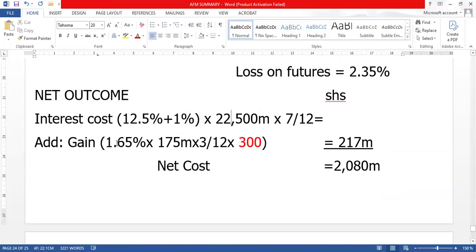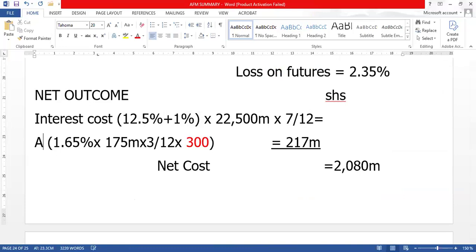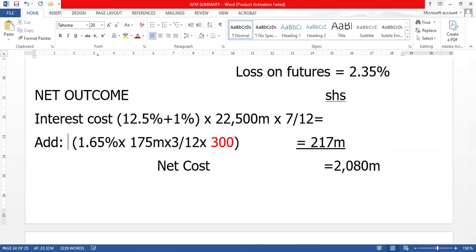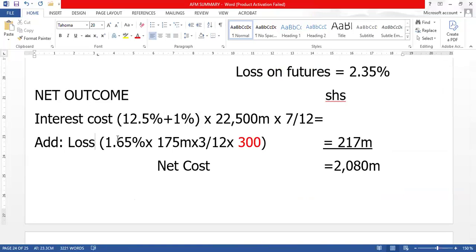Then here, this is a loss, so add the loss. The loss is what? 2.35. Other things remain the same.